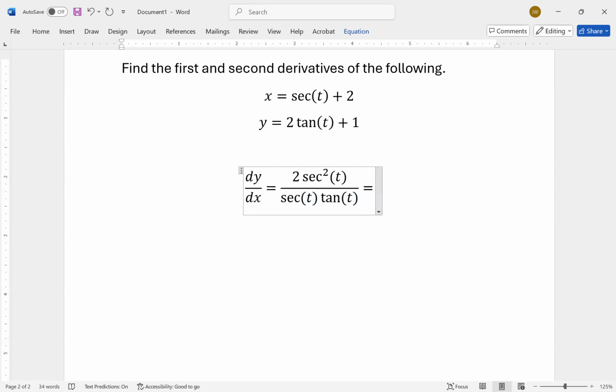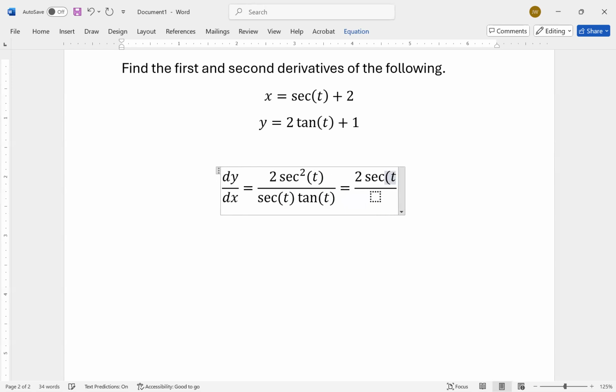Clearly, I can cancel out some things. Remember, secant is 1 over cosine. I can cancel out one copy of secant. That's pretty clear. I can cancel that out on the numerator and denominator side. And then secant is 1 over cosine. Tangent is sine over cosine.